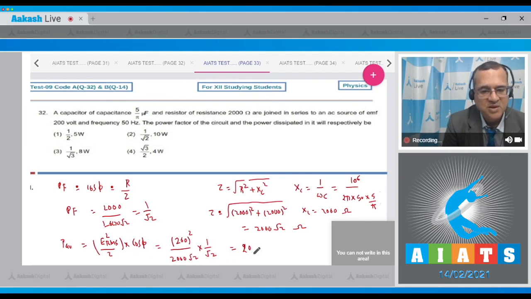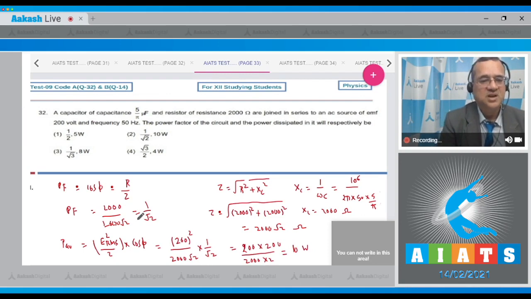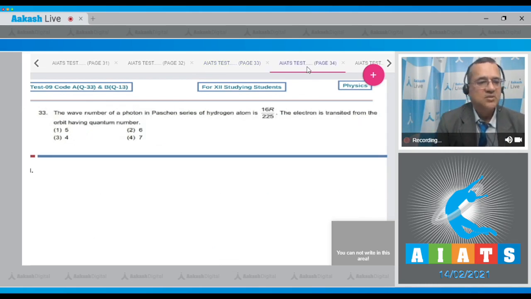That comes to 200 × 200 divided by 2000 × 2, which is 10 watt. So the correct option is 1/√2 and 10 watt, which is the second option. Answer is 2.